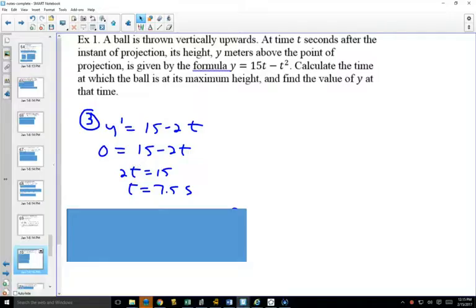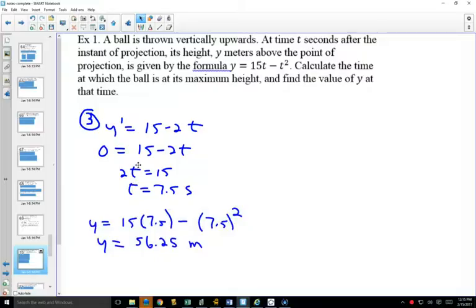And then if you plug that value into the original equation, you can find the height that it was. Now these are going to be the most easy questions where you want to find a maximum or a minimum and the equation is already given to you. Really, there's no amount of work that needs to be done other than taking the derivative, finding that value, and then stating the maximum.